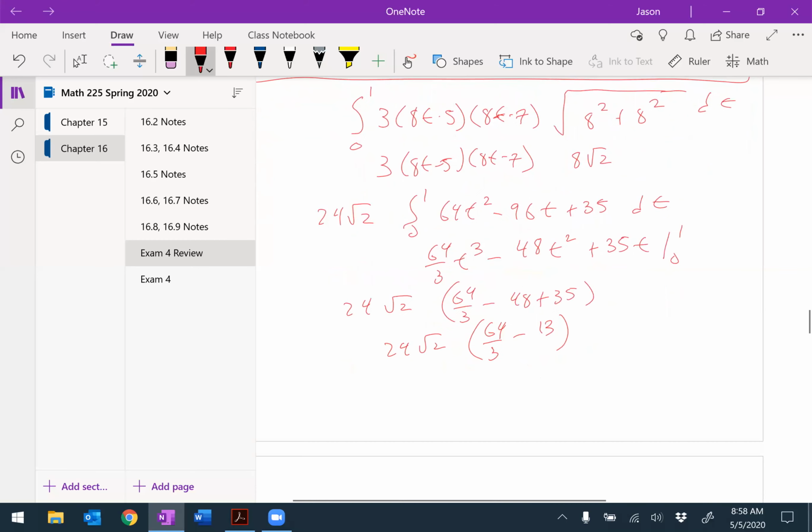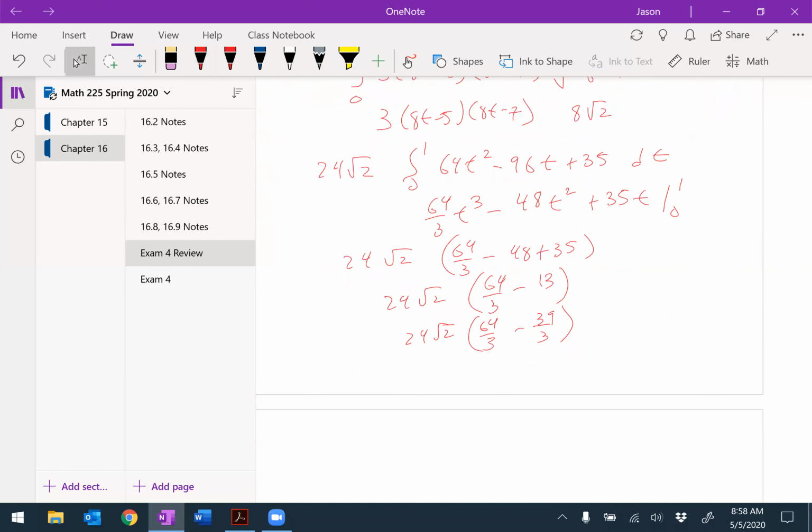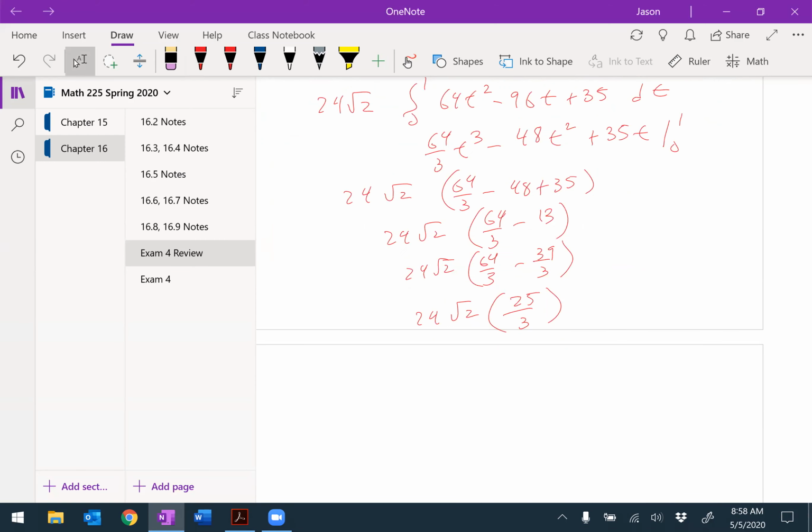Simplifying, that's 64 over 3 minus 39 over 3, so 64 minus 39 is 25 over 3, times 24 radical 2. Cross cancel: we get 8 times 25, and that's 200 radical 2. That's it for number 5.